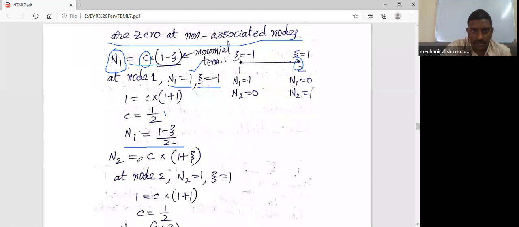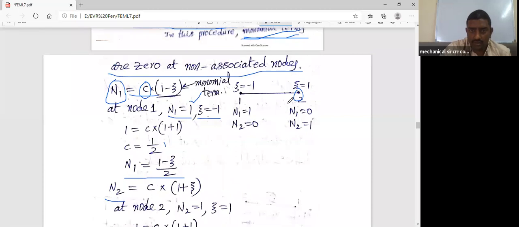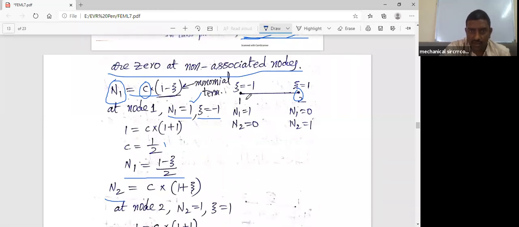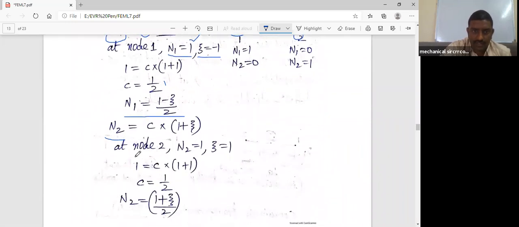Similarly, natural shape function N2 at node 2. So constant c into the monomial term; for this N2, at node 1, 1 plus ξ is equal to 0. So at node 2, N2 is equal to 1.